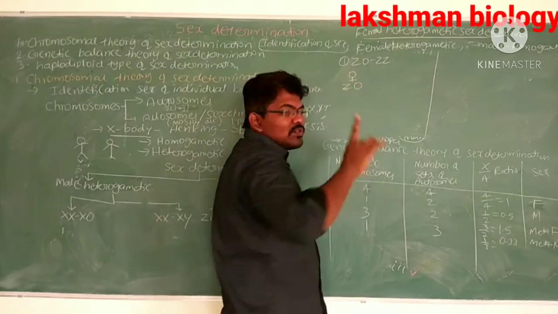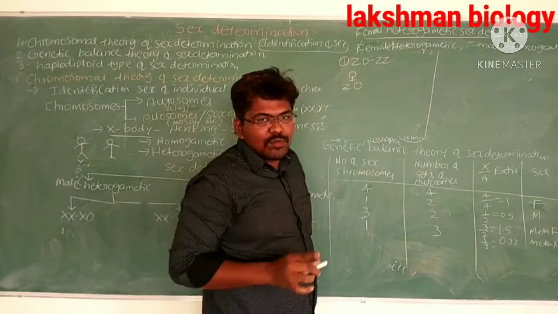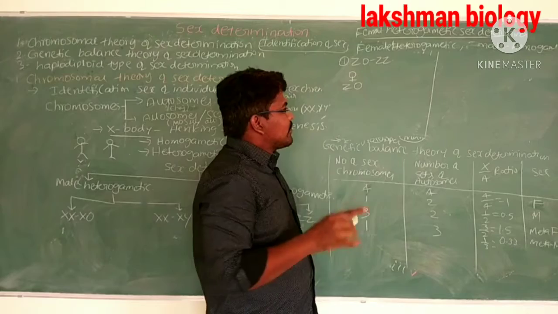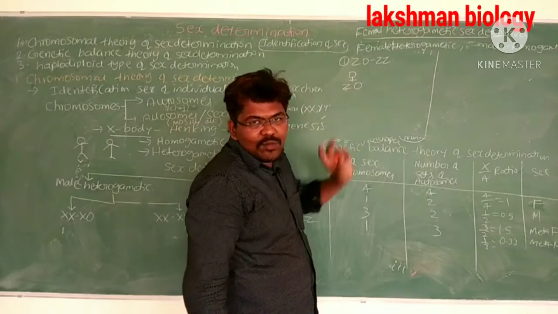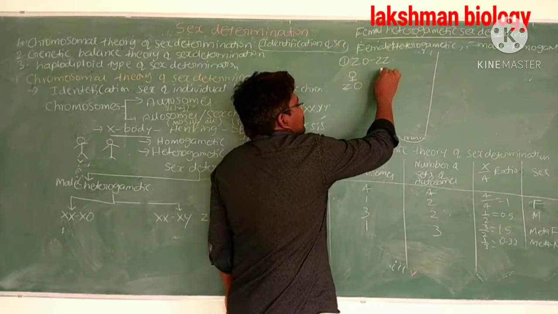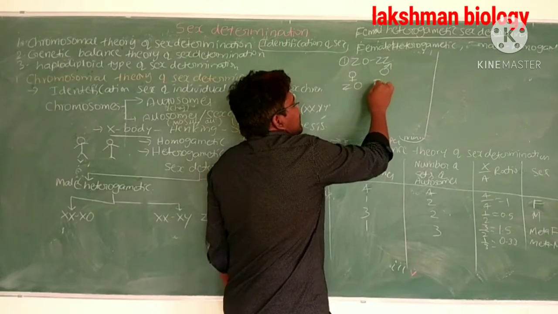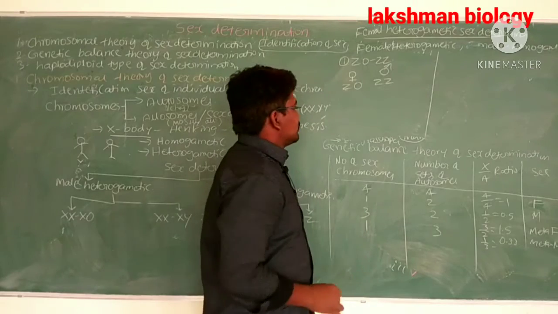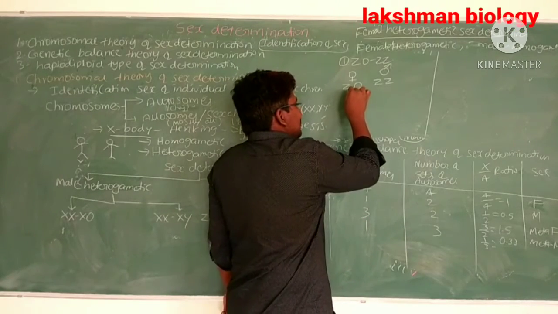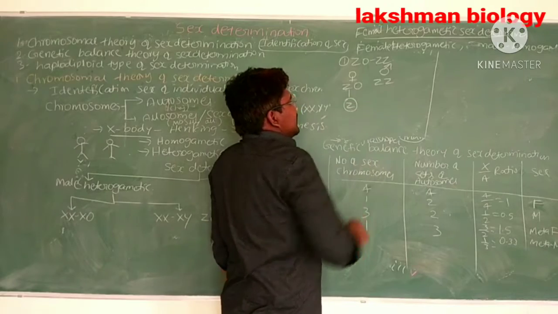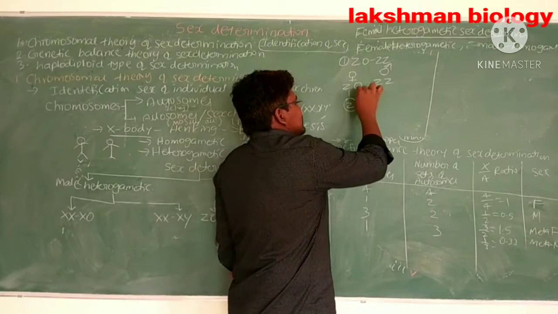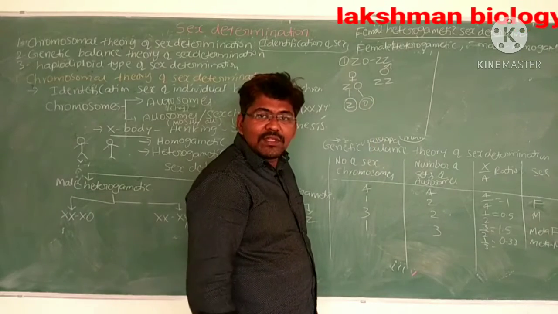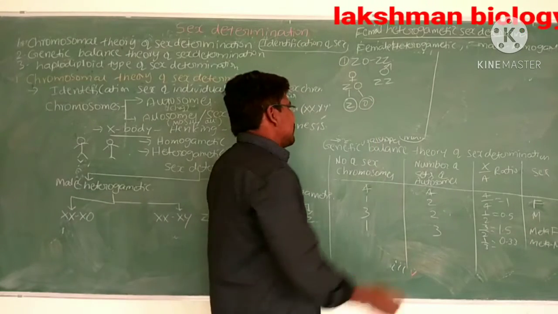One Z chromosome only is there, and the other sex chromosome is absent. The males contain two Z chromosomes. The females will produce two types of ovums: 50% of ovums with Z chromosome, and another 50% of ovums without Z chromosome, or without sex chromosome.